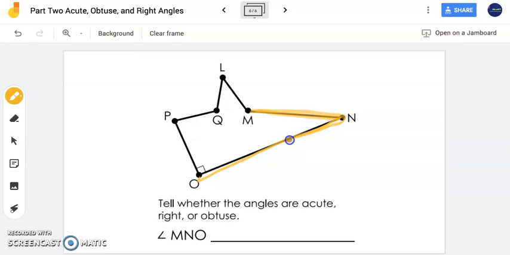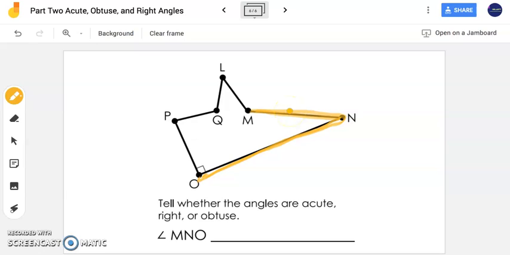So now I highlighted this angle, so now I can classify it as either acute, right, or obtuse. I noticed that the two rays forming this angle are very close together. In fact, they're getting closer and closer, and these are very, very close to one another.